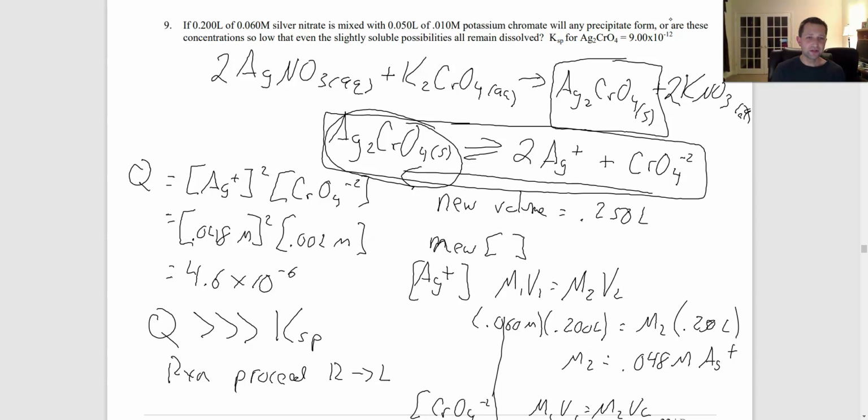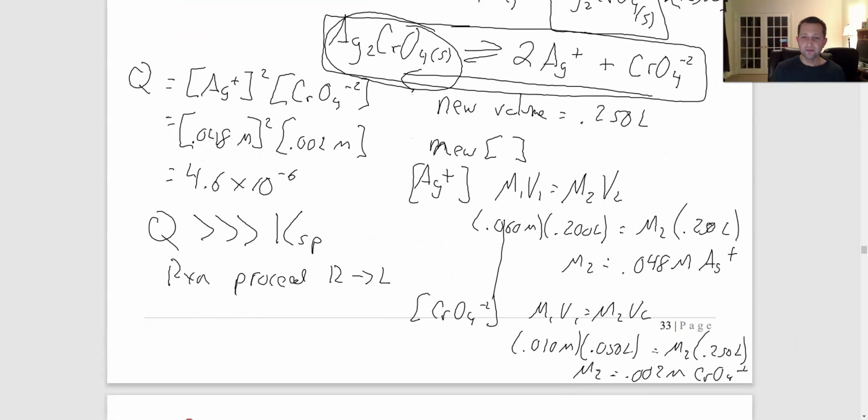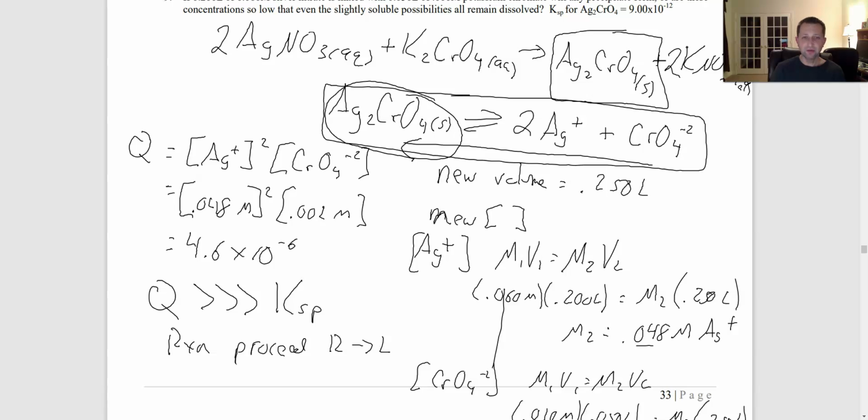Figure out your concentrations of silver and chromate ions in solution from the data given to you. In this case, it's a new solution being created, which is why your new molarity was 0.048 molar silver and 0.002 molar chromate. Plug them in, solve for Q, see how it compares to KSP, see how your reaction will shift.